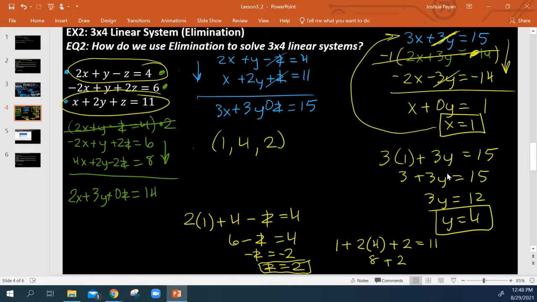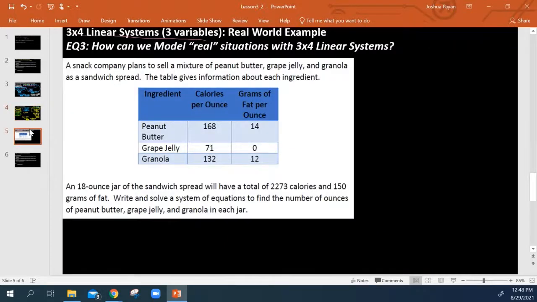I'm not sure where I went wrong or if I copied the problem down wrong. Oh, I'm an idiot. I forgot to add the 1. So this should be 9 plus 2. Okay, and that would be 11. So you can see it's really easy to make a mistake. I've just done this enough times to know if I probably did or not.